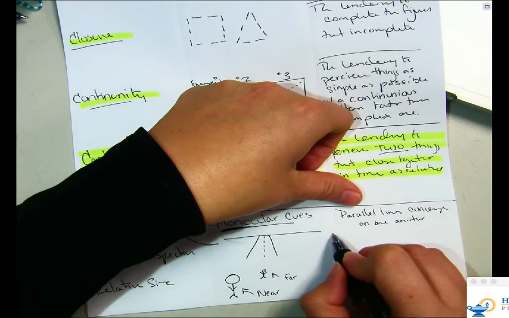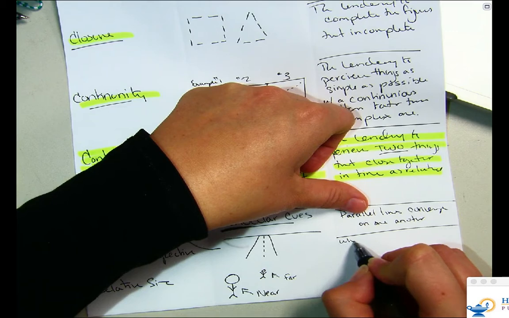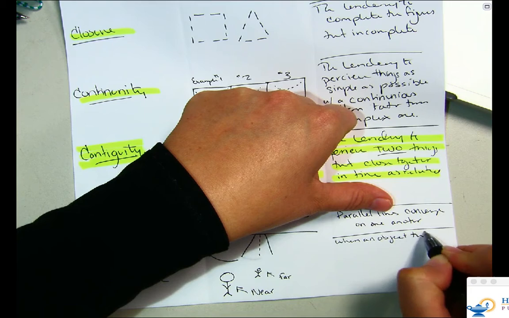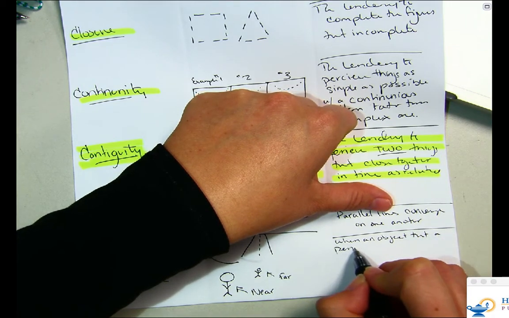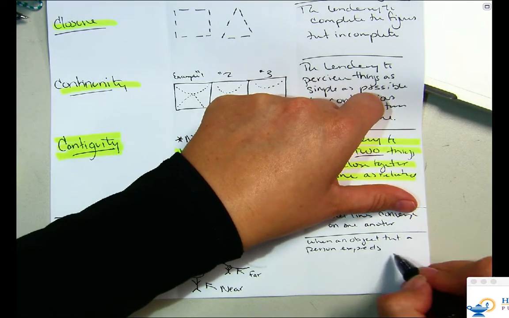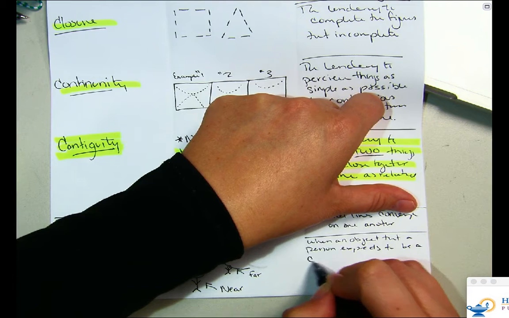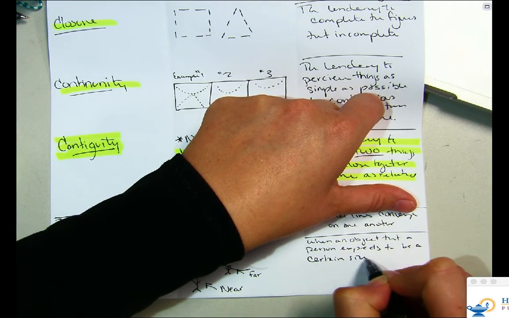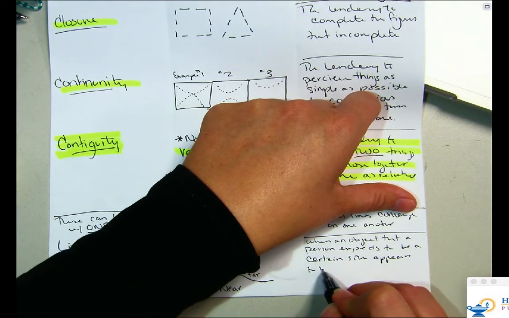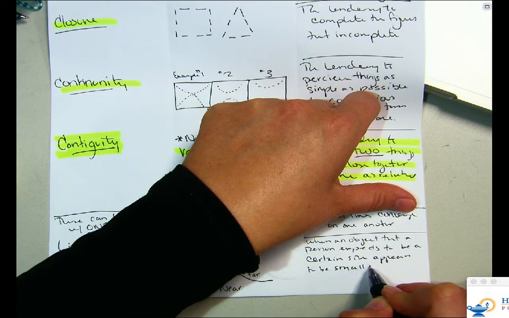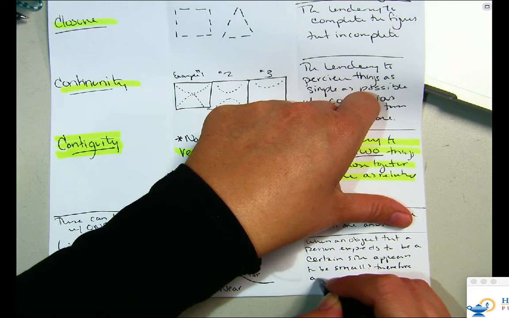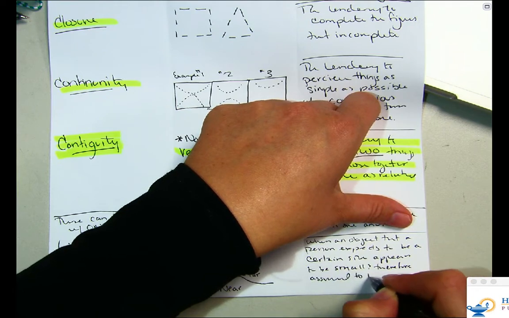Okay, so when an object that a person expects to be a certain size appears to be small, and therefore assumed to be further away.